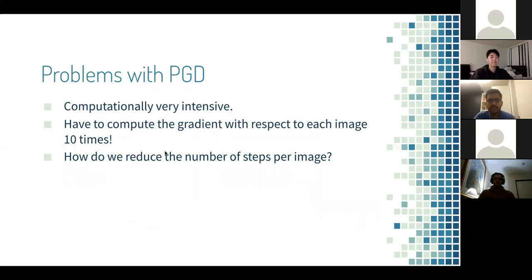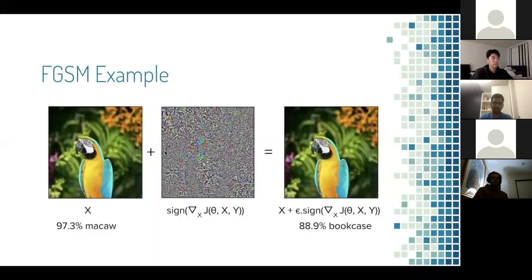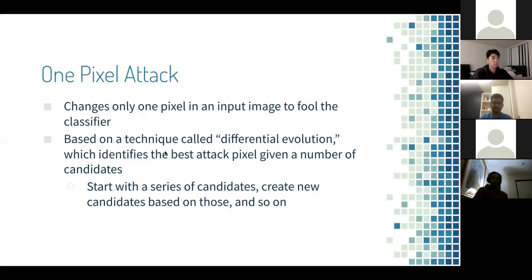Okay, so while PGD does give us really good results, it does have some problems. Number one, it's computationally very expensive. You have to compute the gradient with respect to each image 10 times.